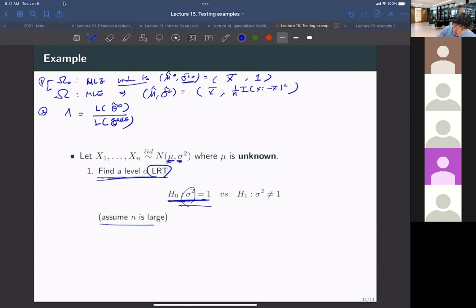That is the LRT. So let's calculate this. 2 pi to the minus n over 2, e to the minus 1 over 2 sum of xi minus x bar squared. Let me use the log likelihood. Sorry.